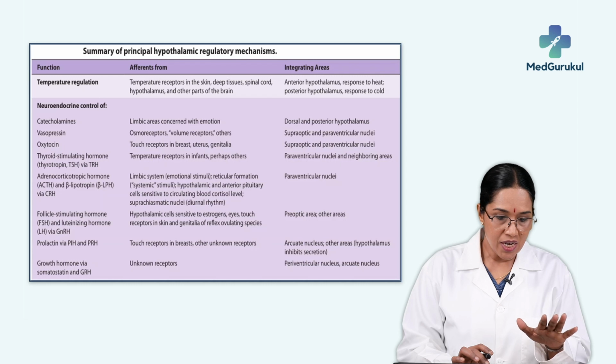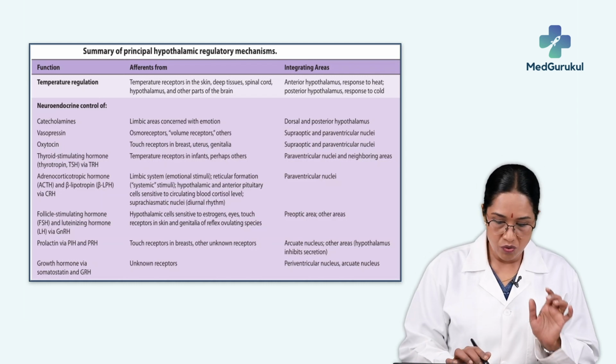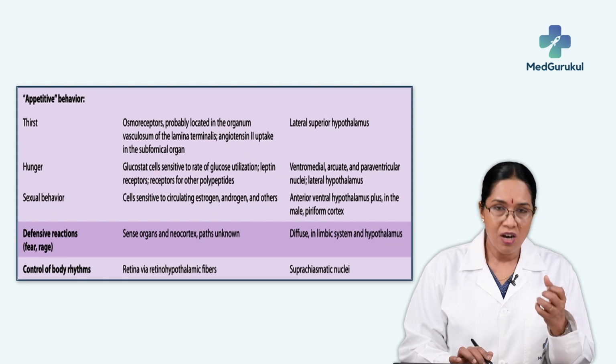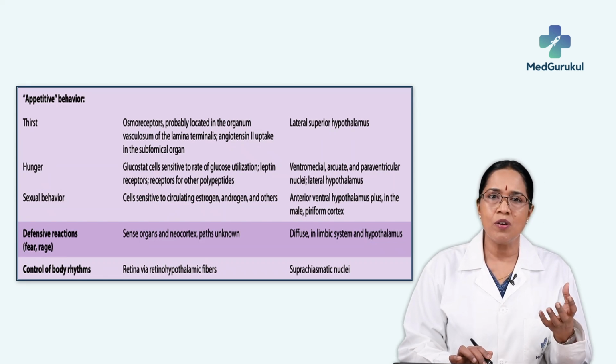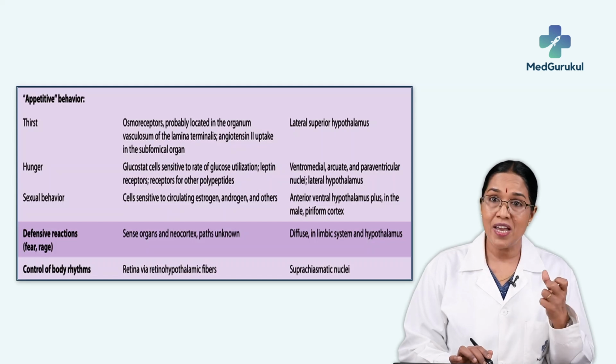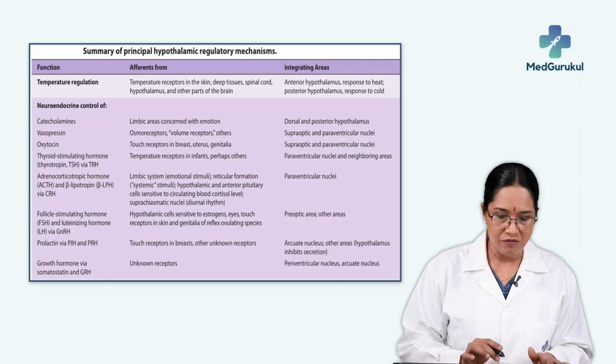On the left hand side you can see all the functions, for example temperature regulation, neuroendocrine regulation, appetitive behavior, where you are talking about thirst, hunger, sexual behavior, defense reactions of rage, control of body rhythm. So all the functions you can see on the left hand side.